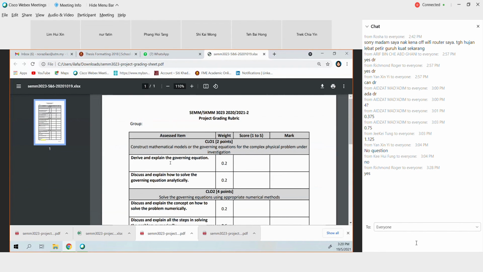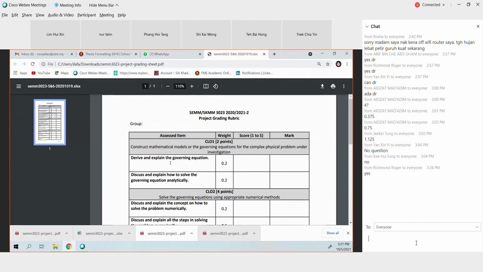Because I already released project 1 as individual, you continue individually for project 1. For project 2, which I will assign by next week maybe, it must be in a group, but not more than 2. Compulsory only 2 students.